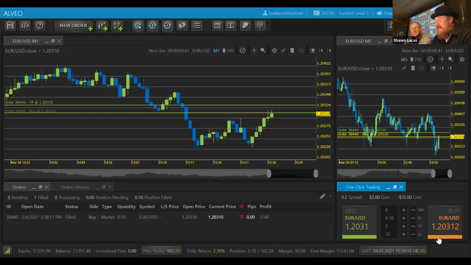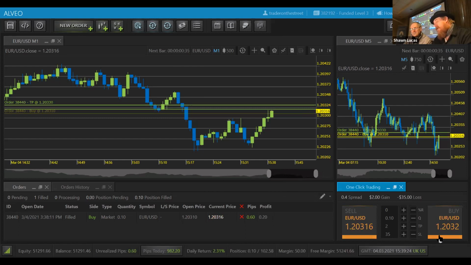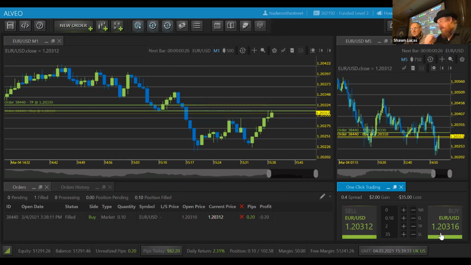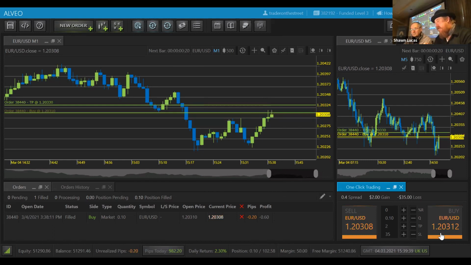Good question. Jerry asks, when we're up at the top of the channel, why not put some sells on? That's the consolidation on that 5-minute chart. So we've had 2 to 3 candles on that 5-minute chart. It's either going to try to make a break here and move higher, or it's going to pop back down.